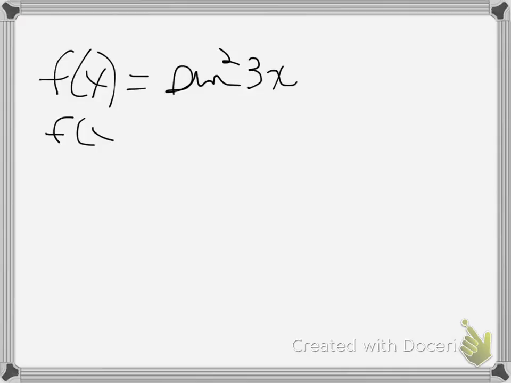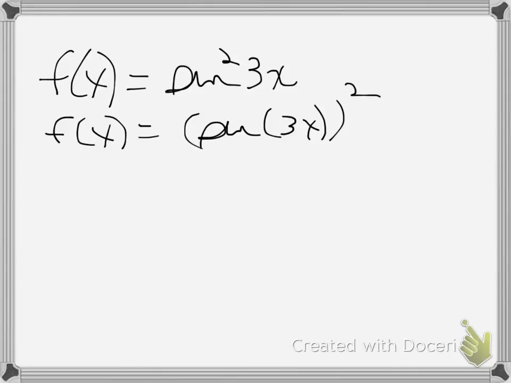So what if I said f of x equals sine squared 3x? Now, that's a dangerous way to write it, so I'm going to write it this way. Notice I haven't changed the function to a first derivative. I'm just writing it so that I don't make an error. Okay, here's your chain rule.